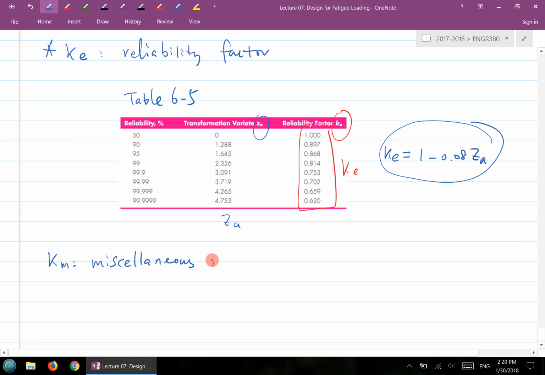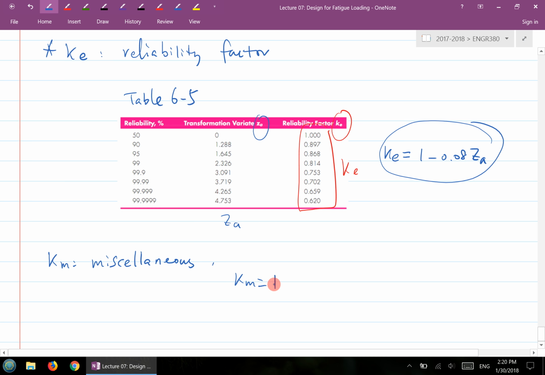Then how do we take care of these things? You can always use an estimated factor KM here to account for all the other types of conditions. But in our case, we're going to set our KM to be 1 in most cases.